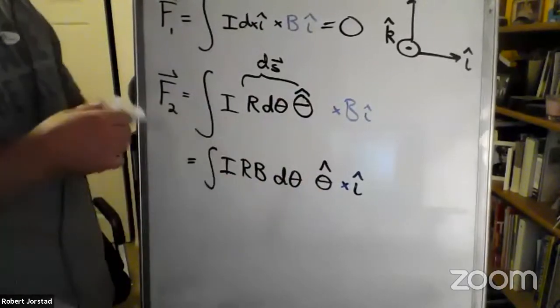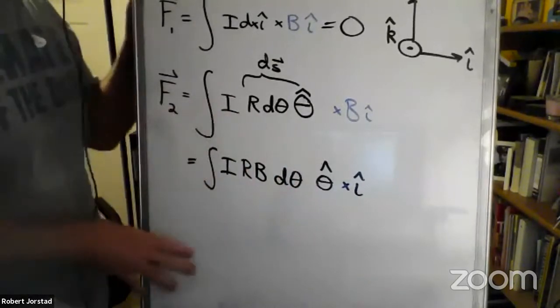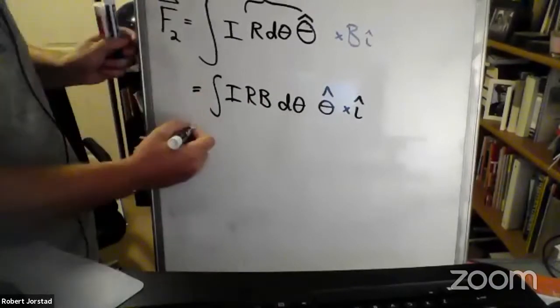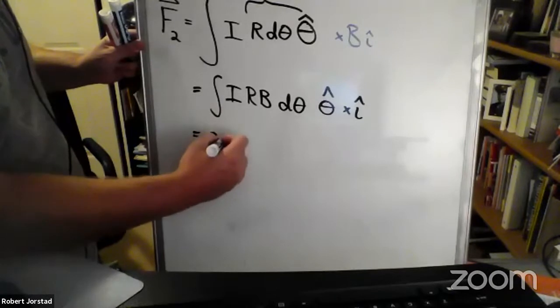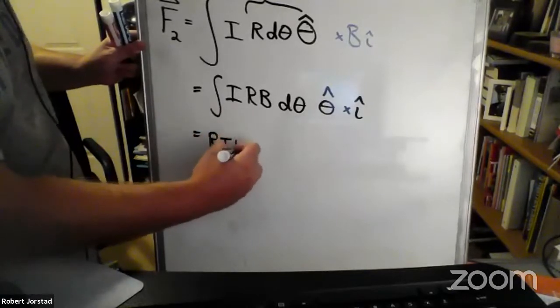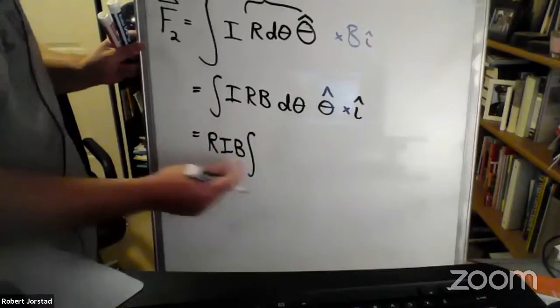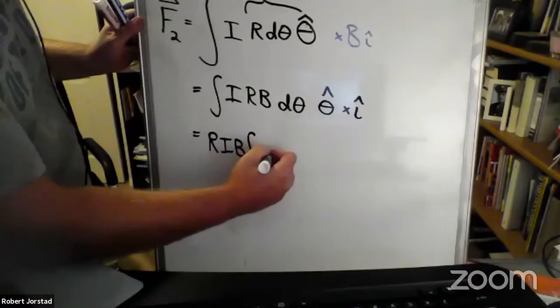So let's plug in this theta hat in here. Oh, geez, I wish I had a big full board. Let's plug this in here. I'm going to pull this out and notice, ribs. One of my favorite problems. Ribs. Okay, whoops.